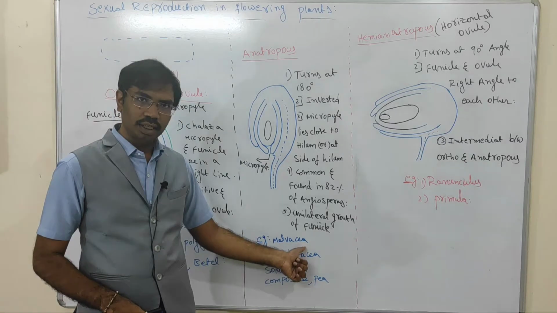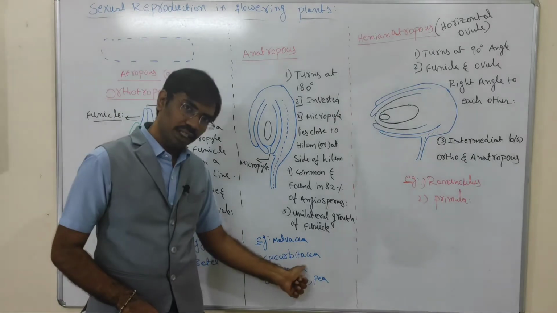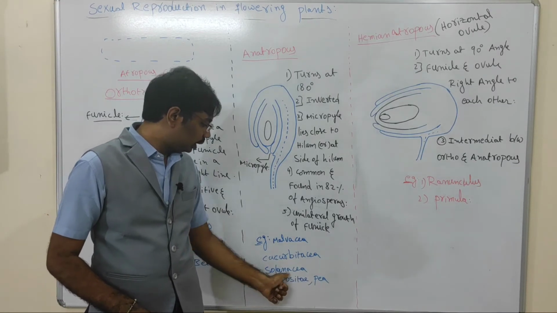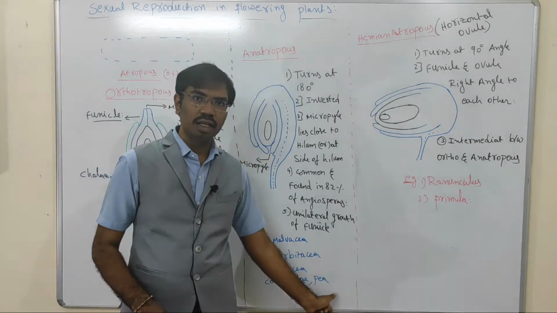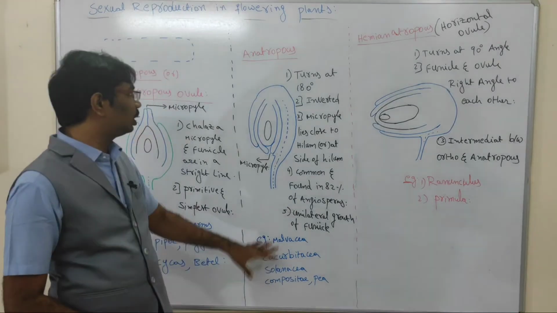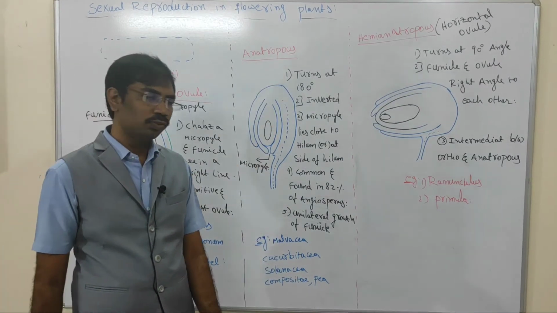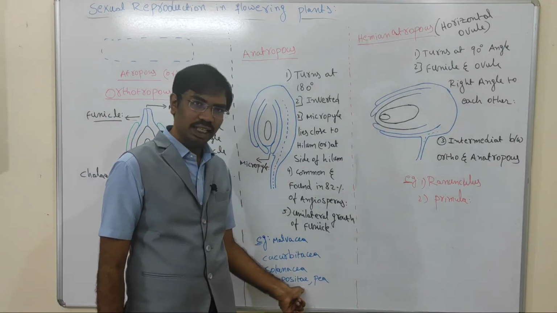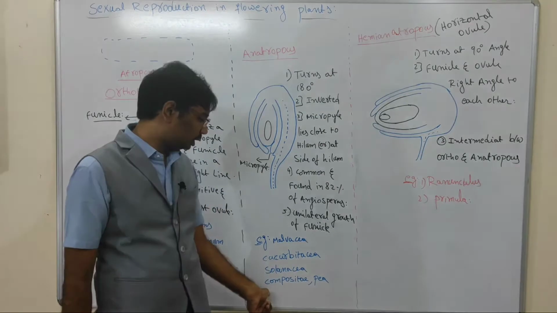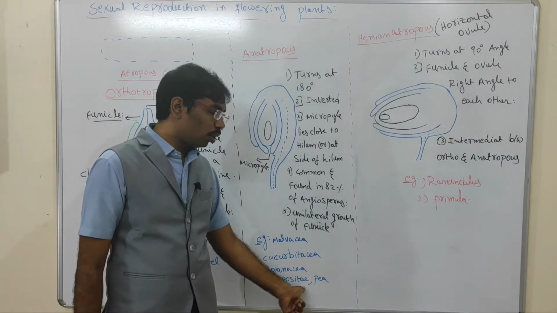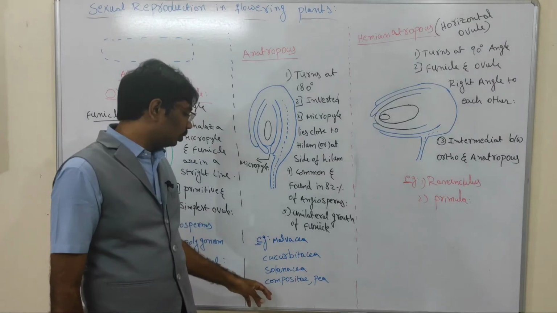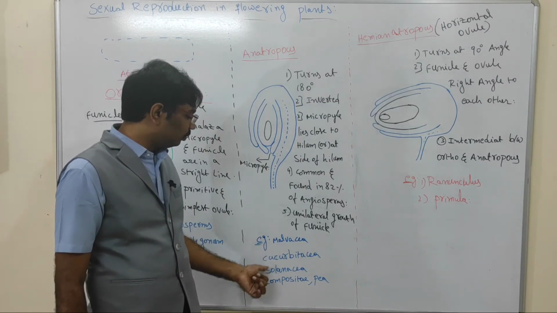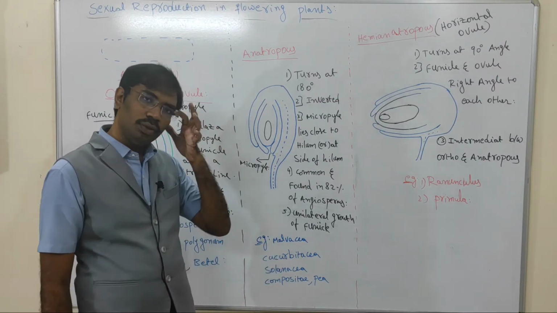Examples: Malvaceae, Cucurbitaceae, Solanaceae, Compositae, and the pea plant. Sunflower belongs to the Compositae family.